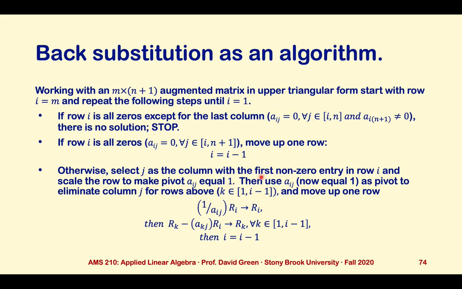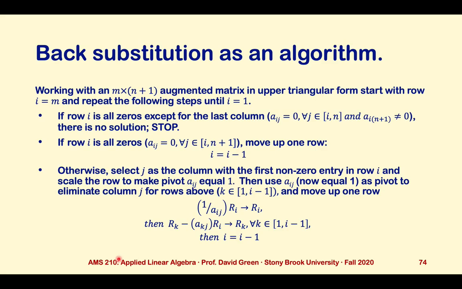After doing that, we use that value as a pivot to eliminate upwards, and we have a rule replacing Rk by the appropriate coefficient times Ri, replacing Rk for all of the k above i, and then move up a row. Do the same thing. Repeat doing this until we're done.